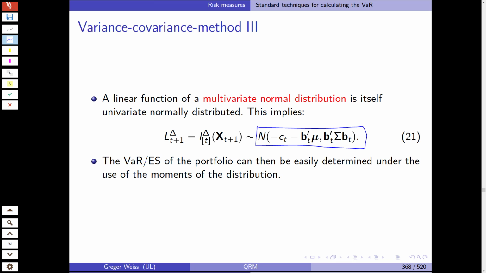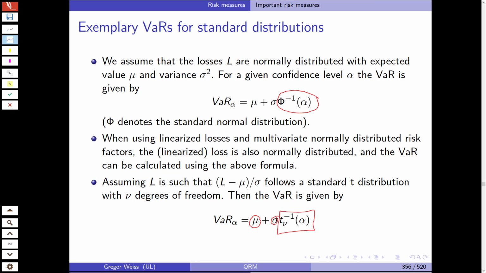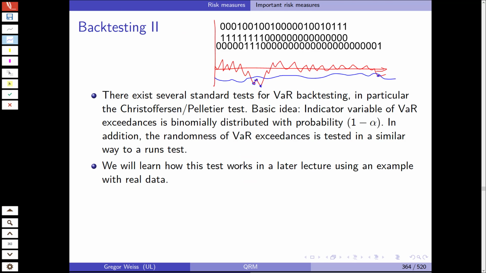And then if you know that your portfolio returns are normally distributed, you can simply go back to this formula here. You need mu, you need sigma, and a quantile that you can look up from any table in a statistics textbook, and then you're done. So this is very simple.